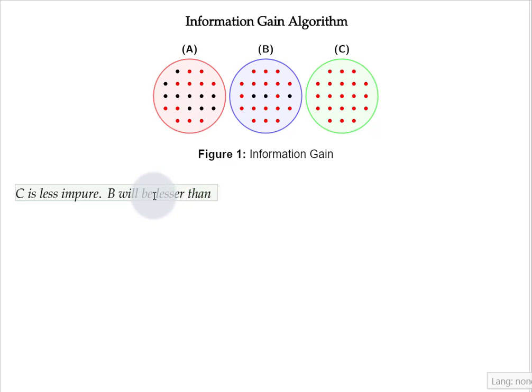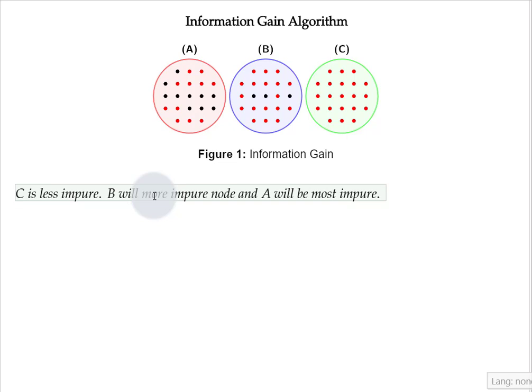B will be more impure than C, and A will be the most impure node over here. That's why I use the term impure, so that we can compare.